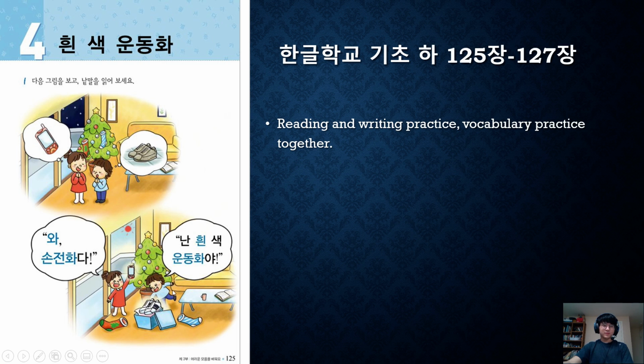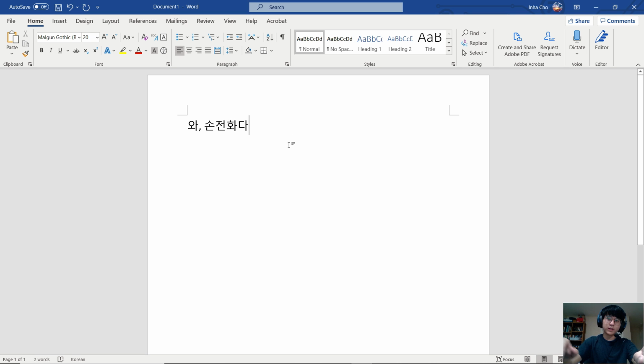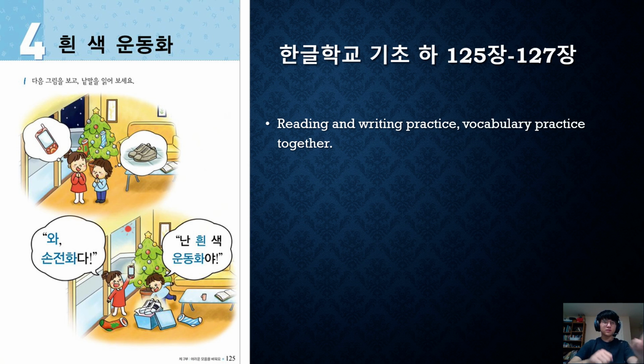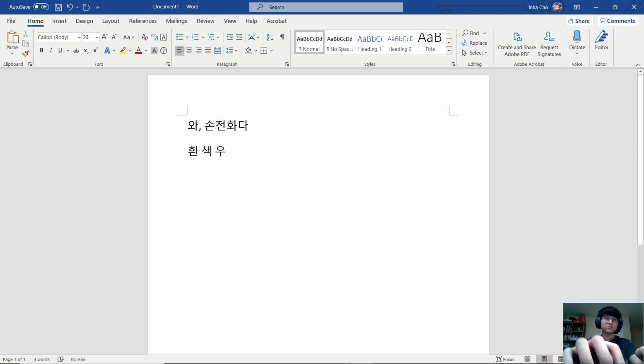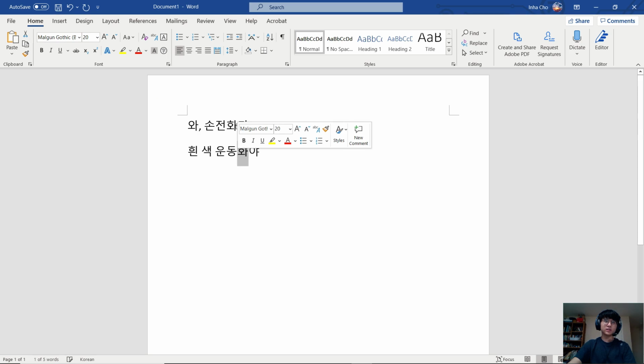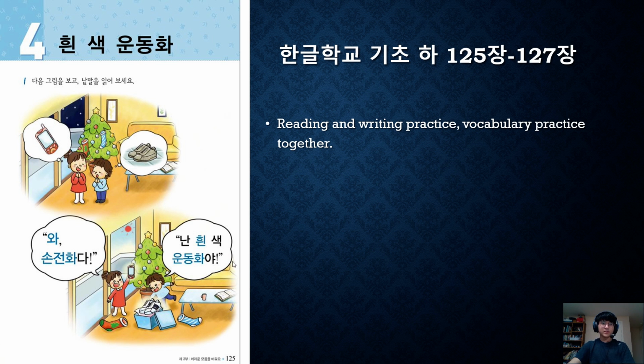Let's look at this one. 나, 그다음에 니은. So 나 plus 니은, 난. 흰색. Oh, it's that really, really hard letter again. But basically, 흰 means, of course, white. 의, 니은, 흰색. 운동화야. 운동화. 와, we see the 와 vowel again. 난 흰색 운동화야.